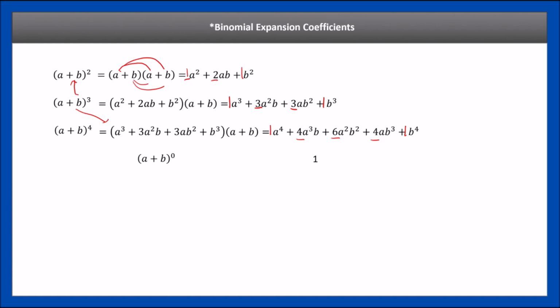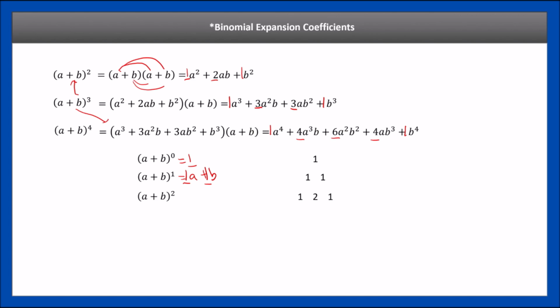So here's the pattern. If I had a plus b to the 0 power, anything to the 0 power is 1, right? And a plus b to the first power is just a plus b with coefficients of 1 and 1, hence why we have the 1, 1, 1 pattern so far.